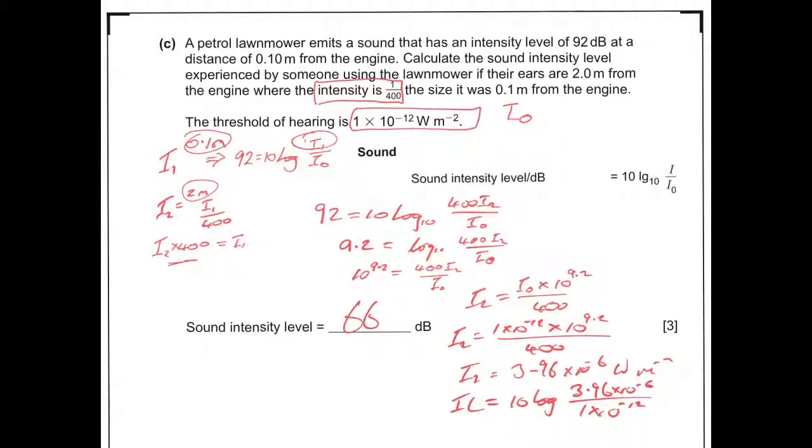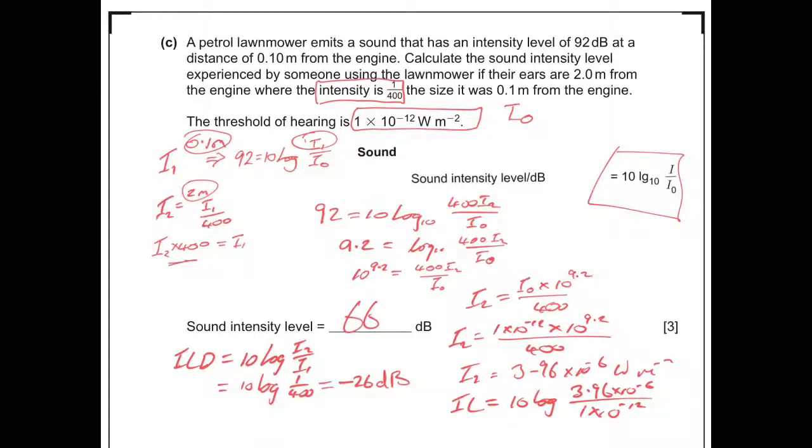But there's a massive shortcut to this question. You can do an intensity level difference if you don't use the threshold of hearing. If you use this equation with I2 over I1, you get the intensity level difference. So the intensity level difference is 10 log of I2 over I1, which is 10 log of 1/400th, because I1 is 400 times more intense than I2.